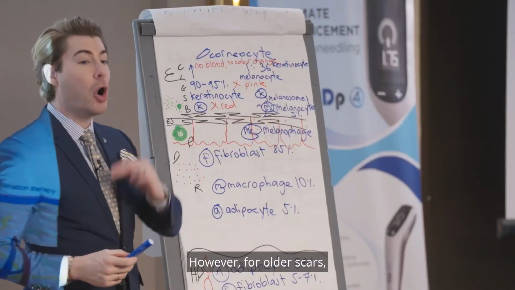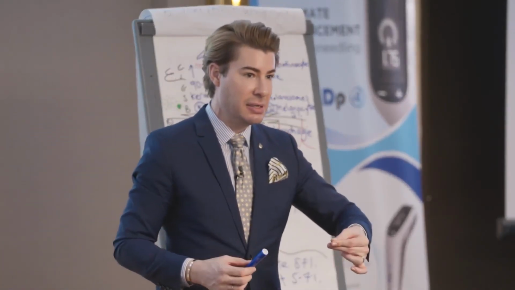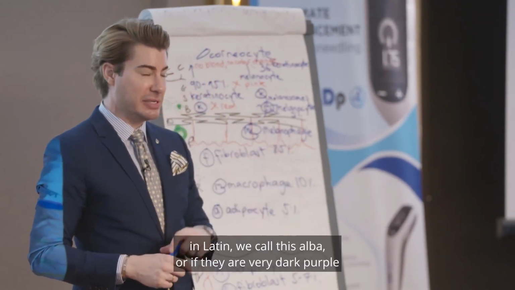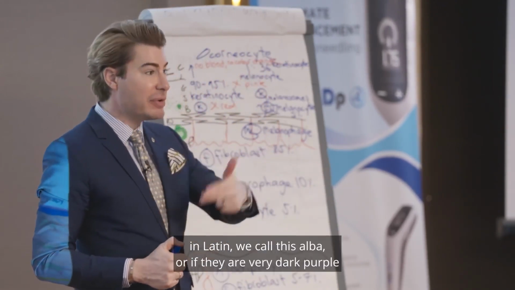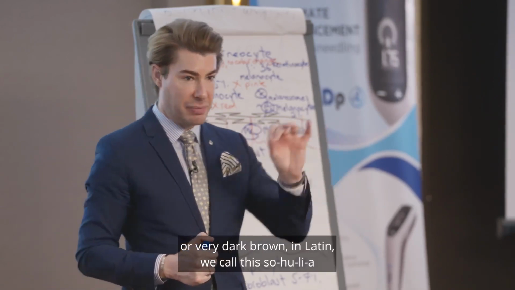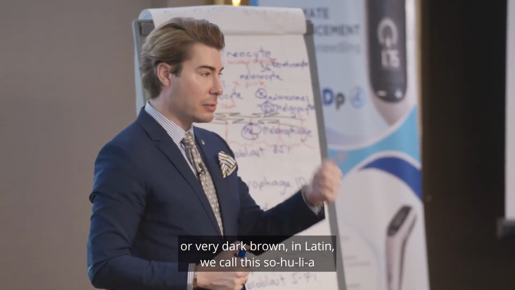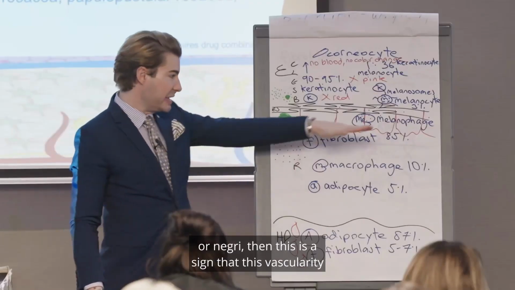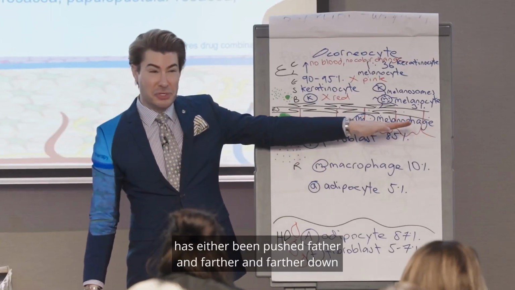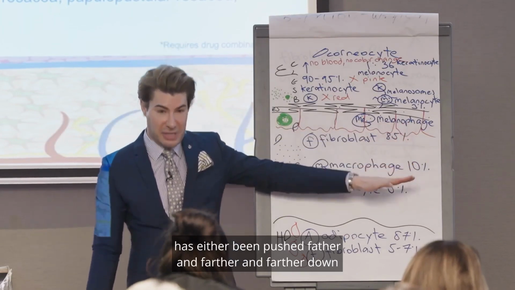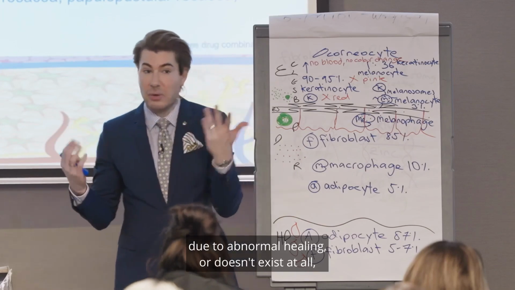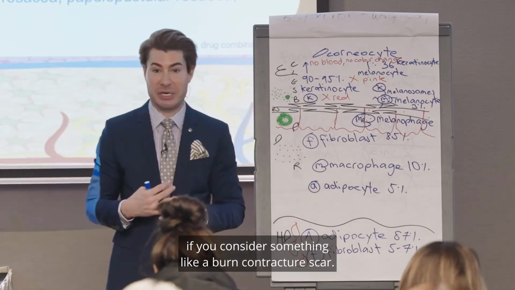However, for older scars, if they are white or silver, in Latin we call this alba, or if they are very dark purple or very dark brown, in Latin we call this cerulean or nigri, then this is a sign that this vascularity has either been pushed farther and farther down due to abnormal healing, or doesn't exist at all if you consider something like a burn contracture scar.